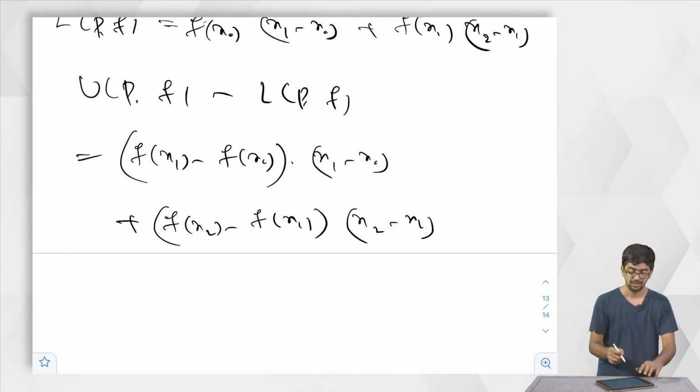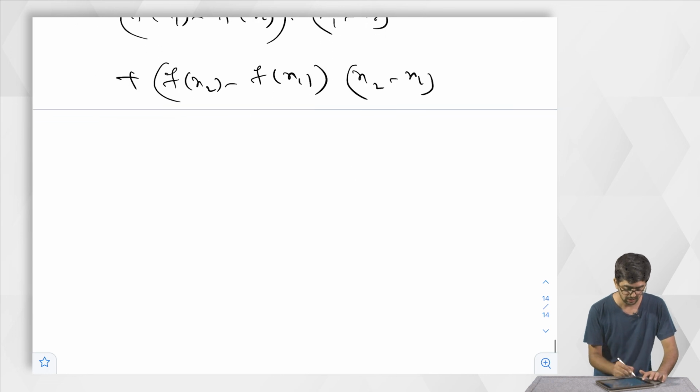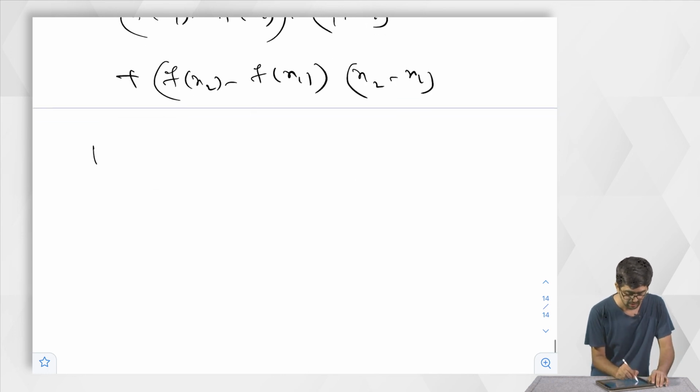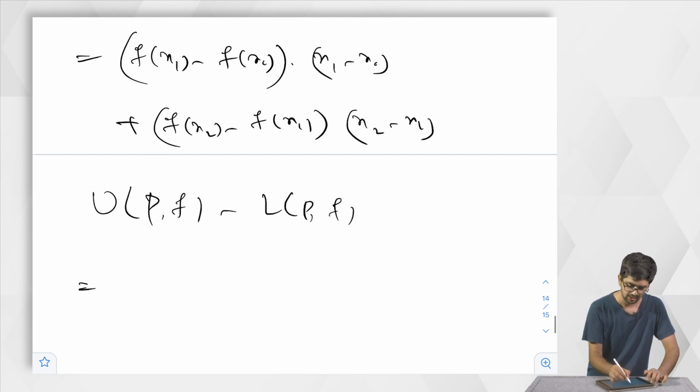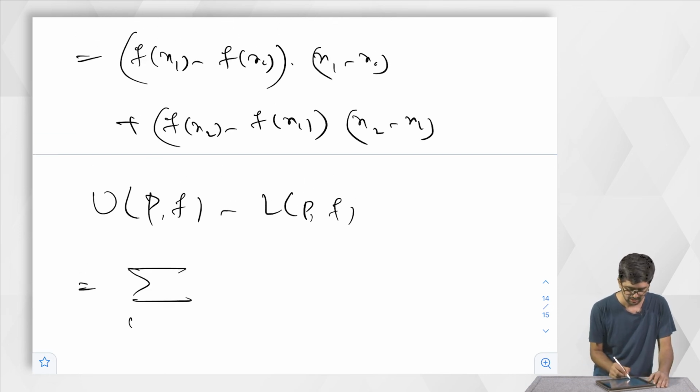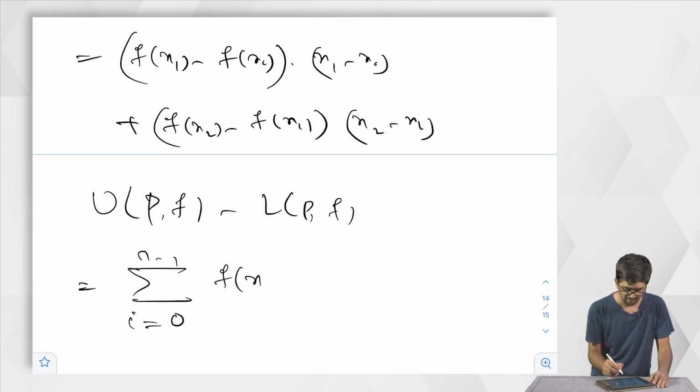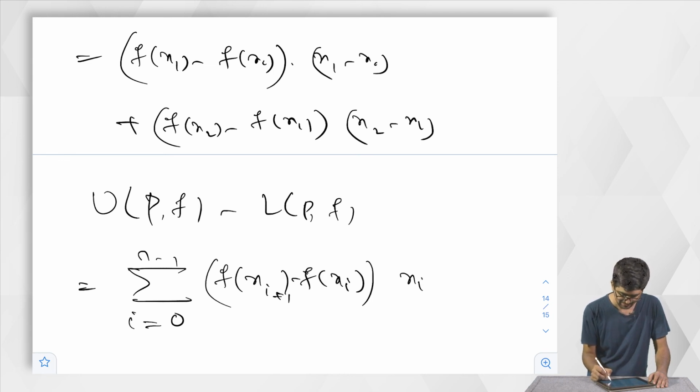In general, if I take an arbitrary partition P of length n, what we have is U(P, f) minus L(P, f) equal to the same thing with more indices: the summation for i equal to 0 to n minus 1 of f(x_{i+1}) minus f(x_i) times x_{i+1} minus x_i.